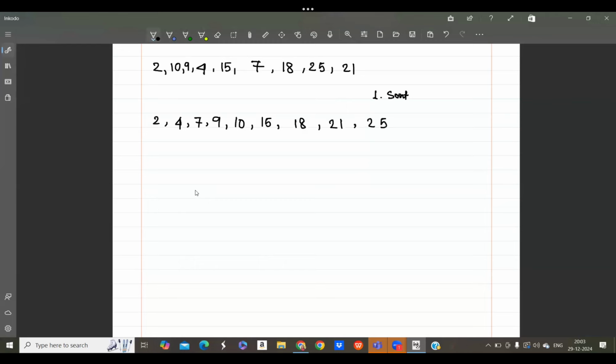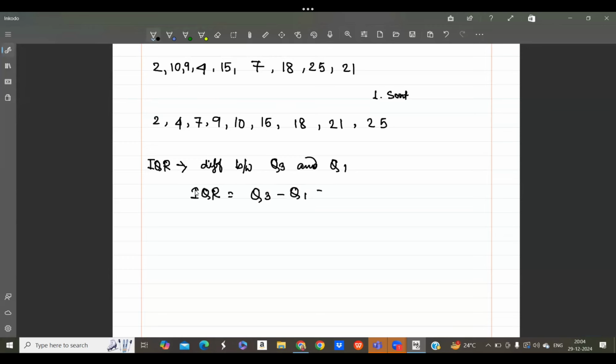Now what is the next step for interquartile range? The formula is to find out the difference between quartile 3 and quartile 1. So interquartile range equals Q3 minus Q1.